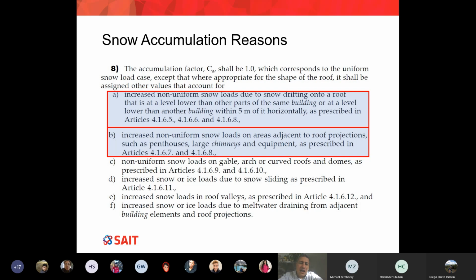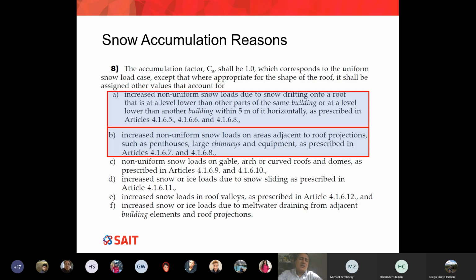So what happened here, guys, is A. It says increased non-uniform snow loads due to drift onto a roof that is at a lower level than the other part of the same building. Please don't focus so much on the 5 meters, because it will be covered in detail soon.